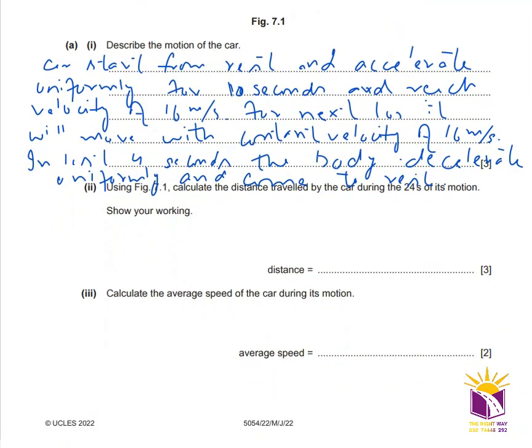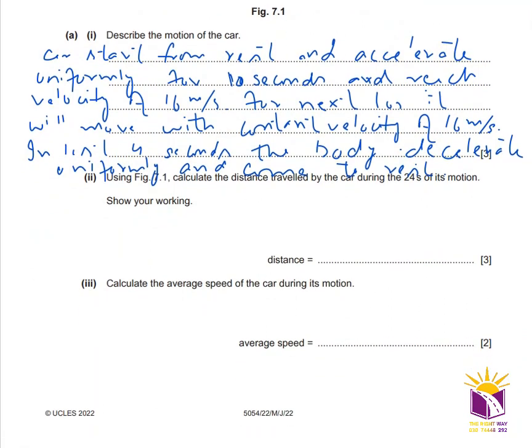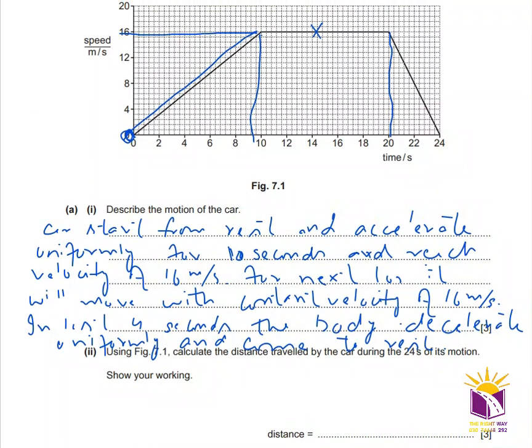Part 2. Using figure 7.1, calculate the distance traveled by the car during the 24 seconds of its motion. So its shape is like a trapezium and we are going to calculate the distance by the area under the graph. The formula for the trapezium is 1/2 (a plus b) multiplied by h. a and b are the two parallel sides and h is the height of the trapezium.